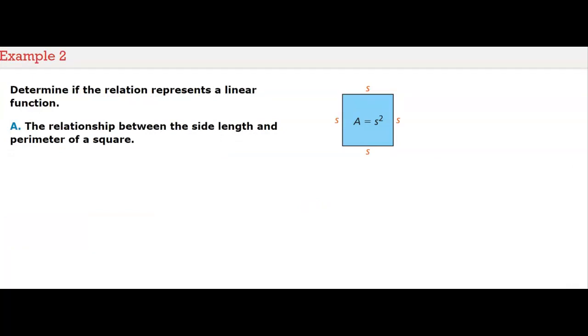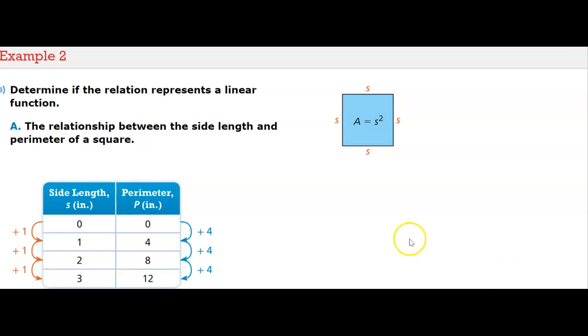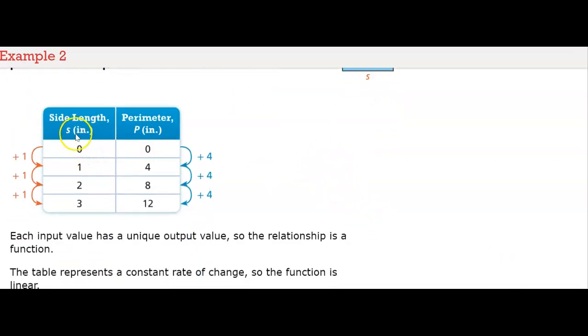Determine if the relation represents a linear function. Part A. The relationship between the side length and perimeter of a square. The side lengths are represented here and the perimeter is represented here.